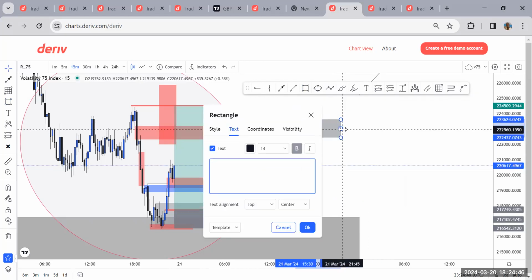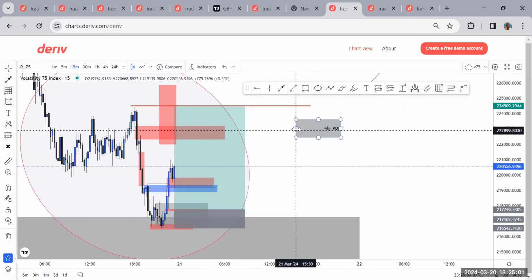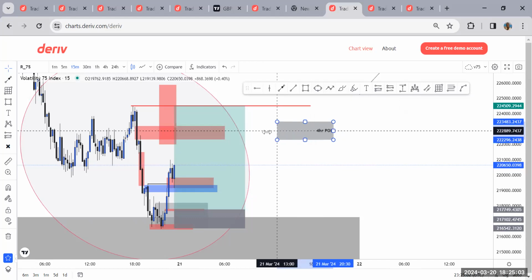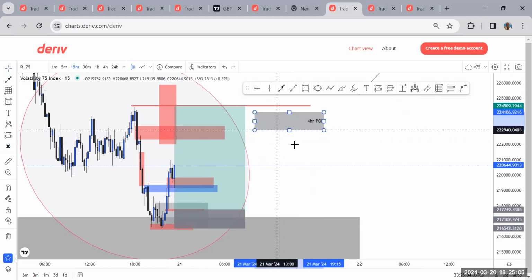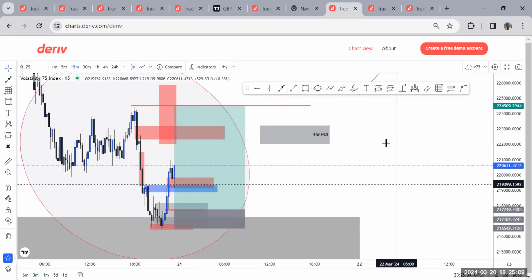Normally I write 4 hour POI on the chart. The reason why I write on the chart is I want to train my mind to know some of these things. A time will come, I won't be writing anything on the chart, because I'm still learning. So let's say this is your 4-hour POI.